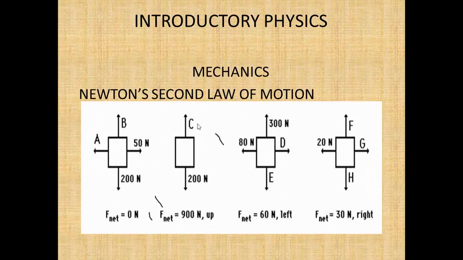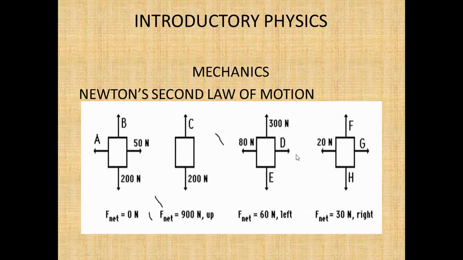So it has to be 1100 up because the net force is 900. So this upward force is 1100 newtons because when you subtract 200 newtons from your 1100 newtons, you get 900. So the net upward force is 900 newtons.